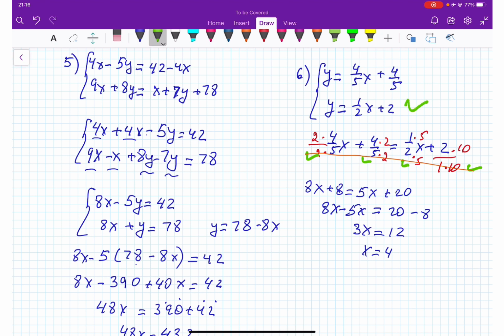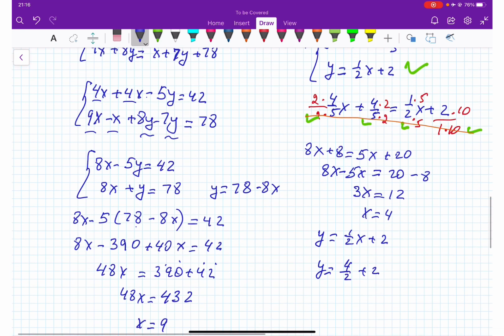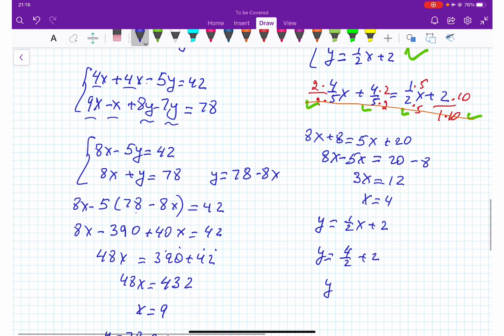So y is equal to 1/2 x plus 2. Which means y is equal to, x is 4, so 4 over 2 plus 2. 4 over 2 is 2, plus 2 is equal to 4. So x is equal to 4, y is equal to 4.